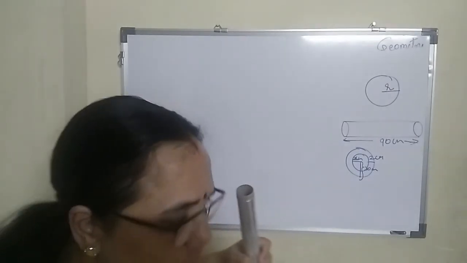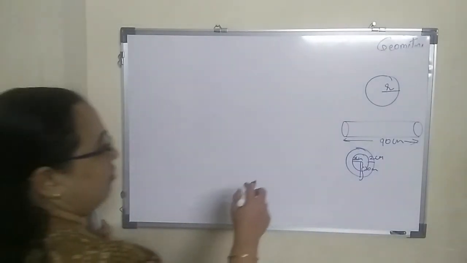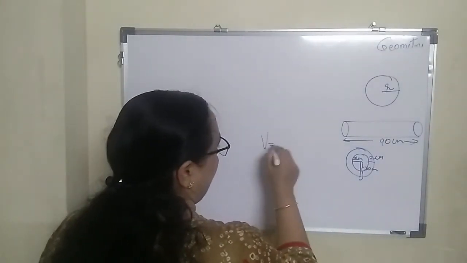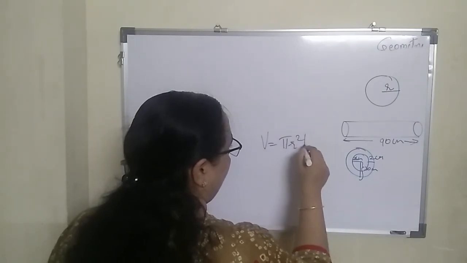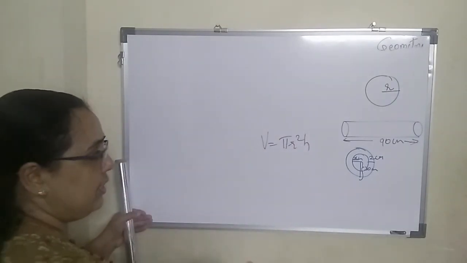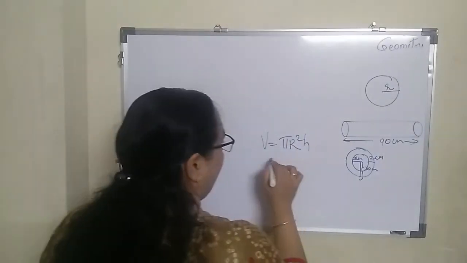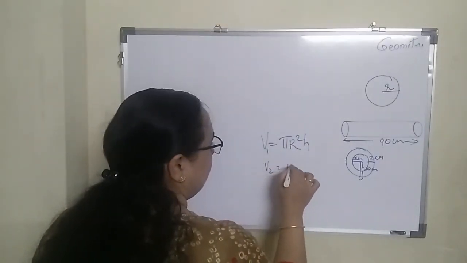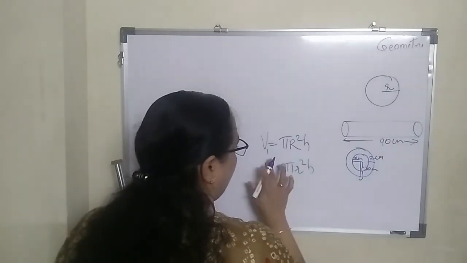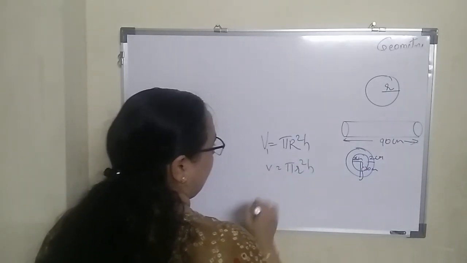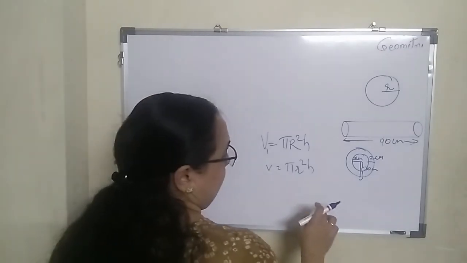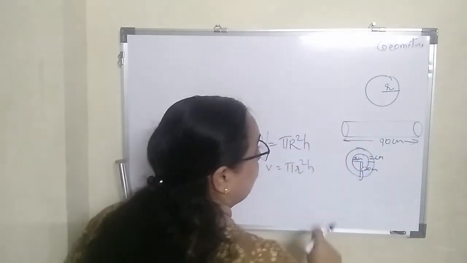So what is the volume of the inner volume of the cylinder? The formula is pi r square h. So for outer we take it as capital R, and for inner we take it as small r. We make it small here also. Is that very clear? But the h is same for both.